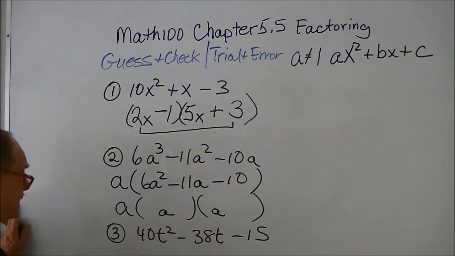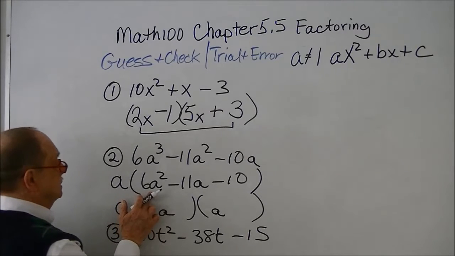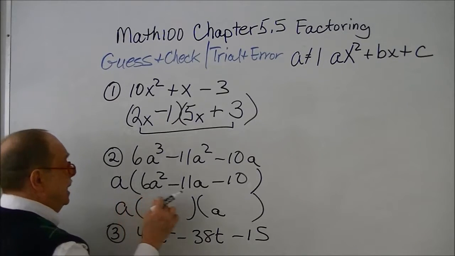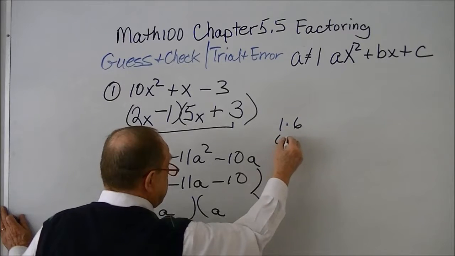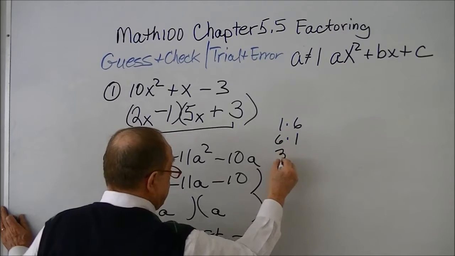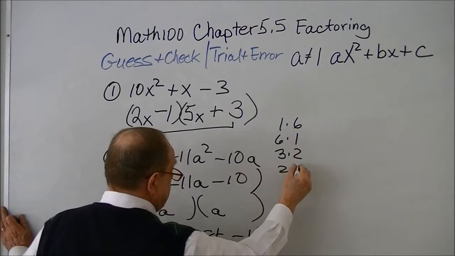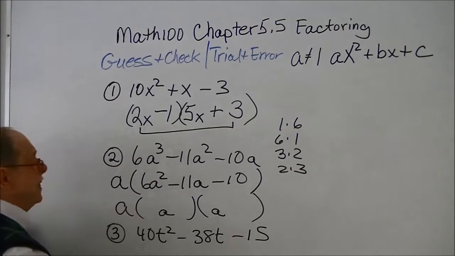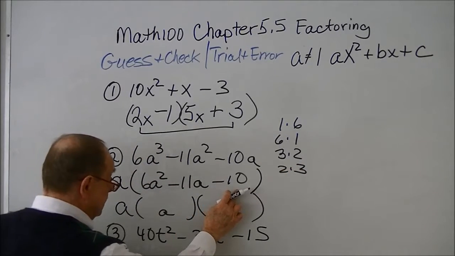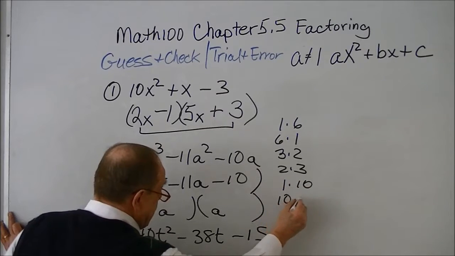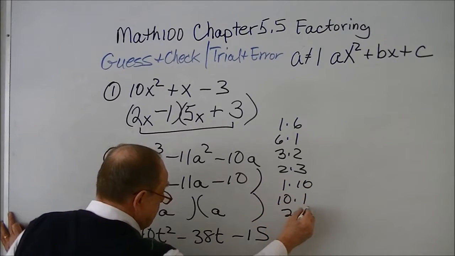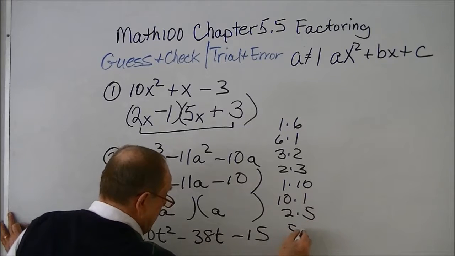Now we have a 6 here, and the factors of 6 are 1 and 6, 6 and 1, 3 and 2, 2 and 3. And the factors of 10 are 1 and 10, 10 and 1, 2 and 5, 5 and 2.